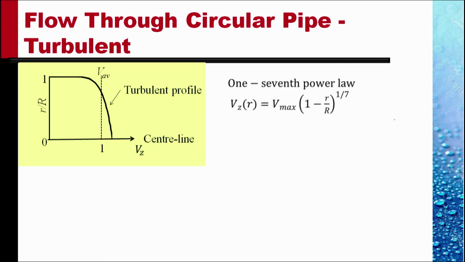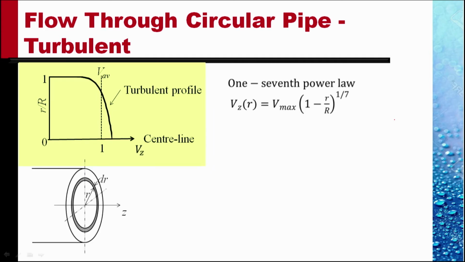One of the most commonly used turbulent velocity profiles in a circular tube is the 1/7 power law. Vz at any radius r is V max times (1 minus r by capital R, the radius of the tube) raised to power 1/7. And we find V average in the same fashion.